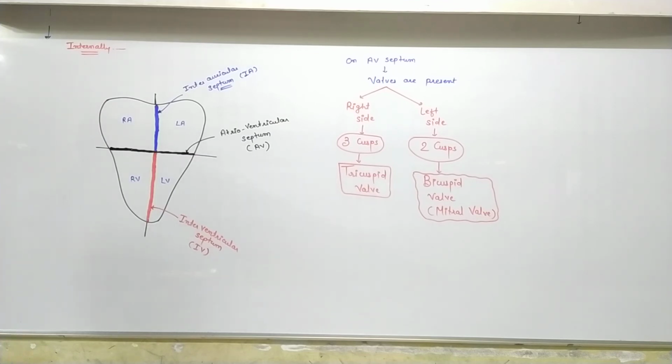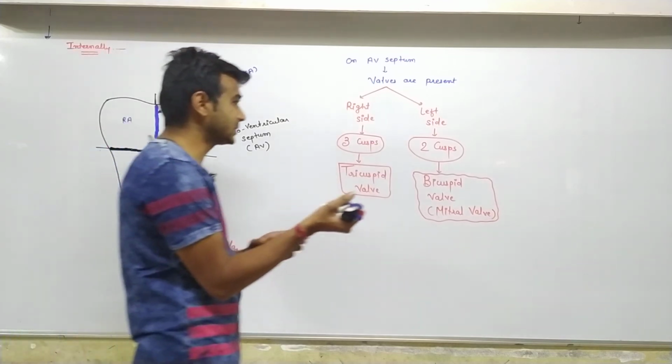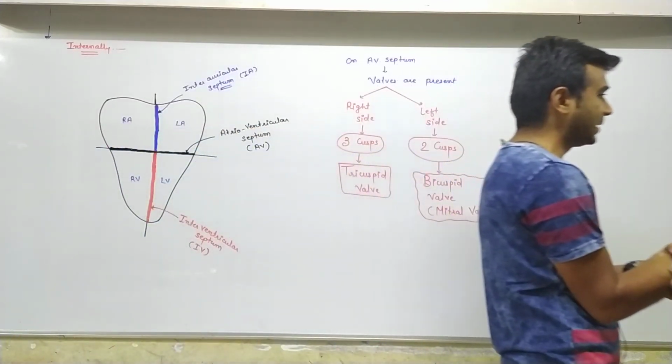On the AV septum, valves are there, and these valves are one-way valves.